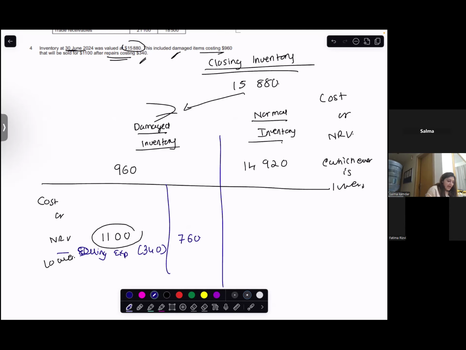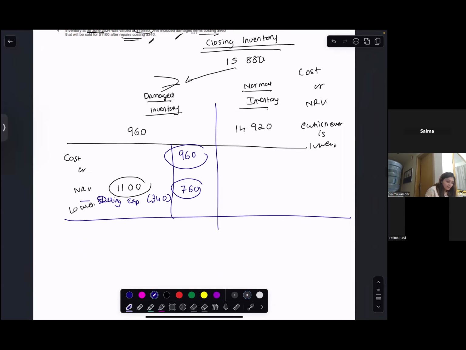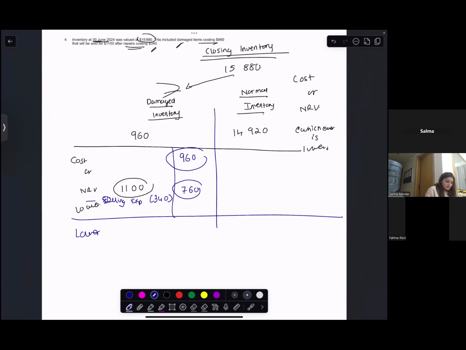The cost of this damaged inventory is 960, NRV is 760. I'm going to value it at the lower price. So the lower price is how much? 760. And the other inventory is going to be valued at 14,920.